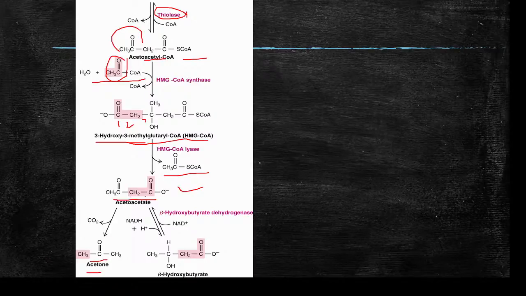The same acetoacetate can undergo reduction by beta-hydroxybutyrate dehydrogenase, adding 2 hydrogens at the carbonyl carbon, and forms beta-hydroxybutyrate. So these are the 3 ketone bodies, and this is the pathway for ketogenesis.